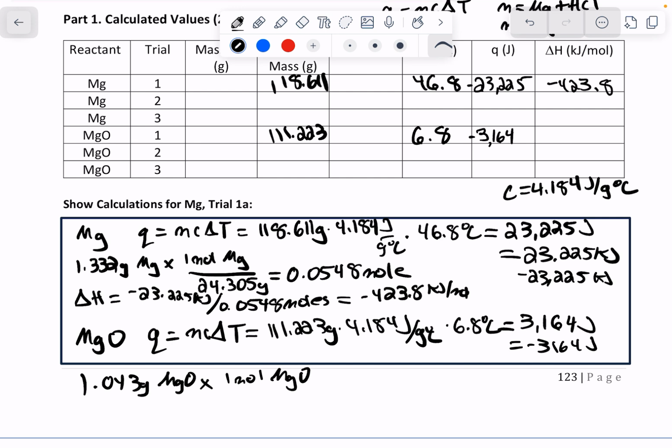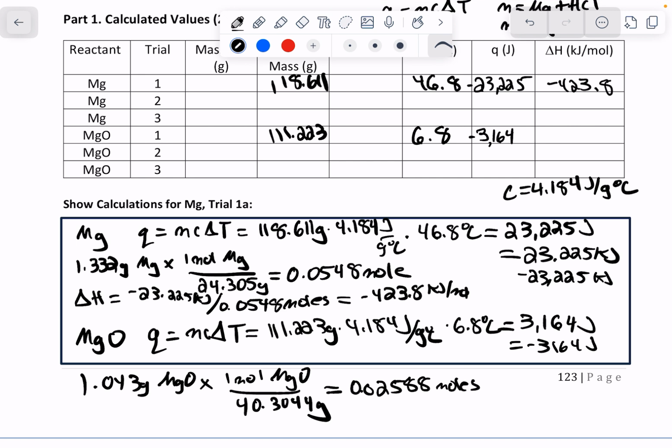MgO molar mass is 40.3044 grams. So if we take 1.043 and divide that by 40.3044 grams, I got an answer of 0.0258 moles.